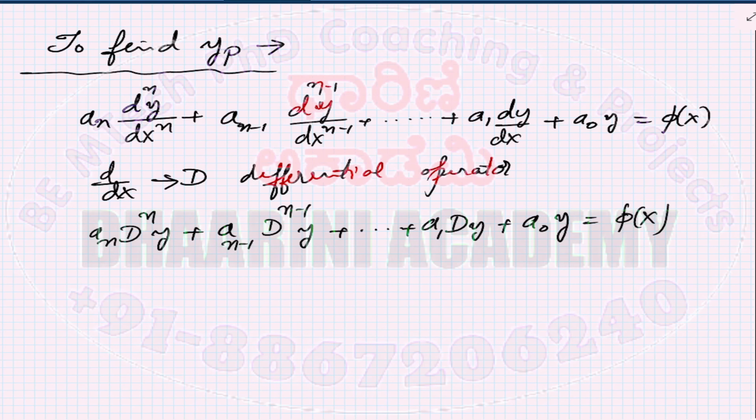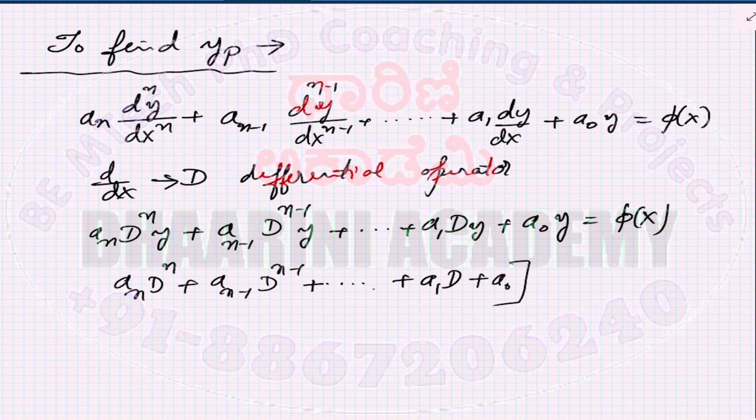Okay, so after this we know that we took the y outside to get an D to the n plus an minus 1 D to the n minus 1 plus dot dot dot, this is a1 D plus a naught, into y equal to phi of x.